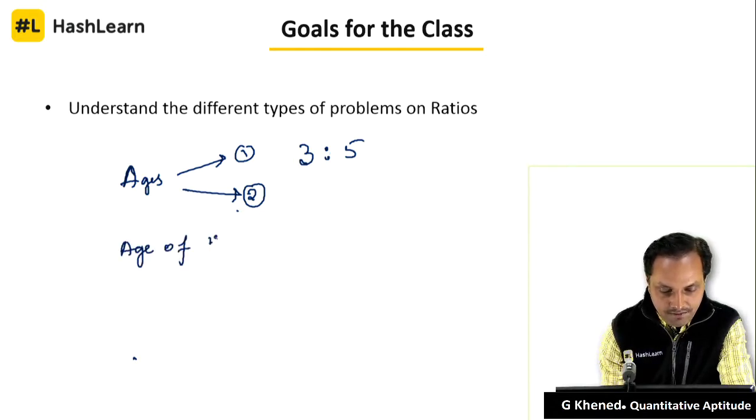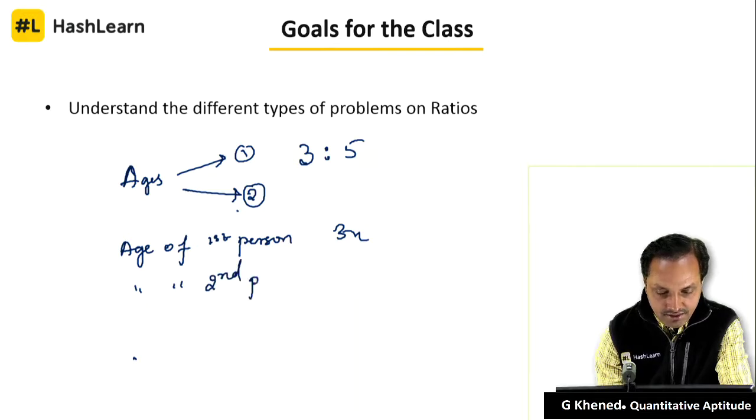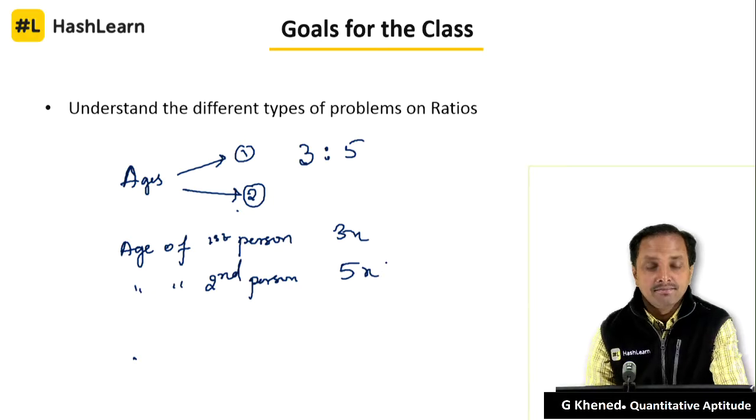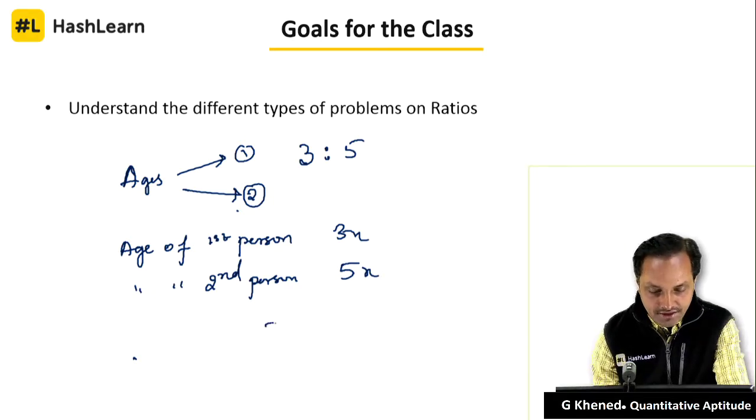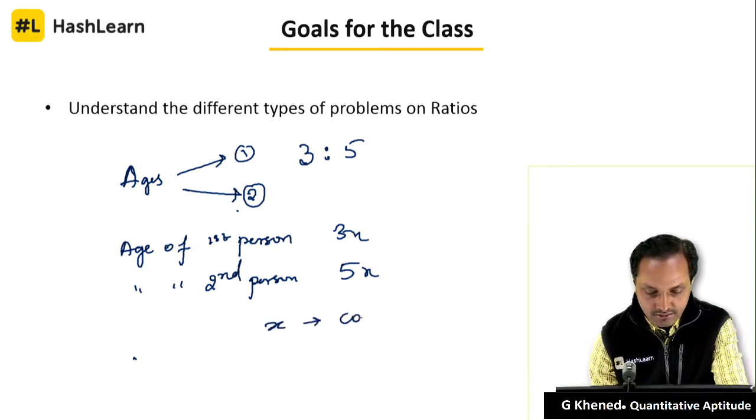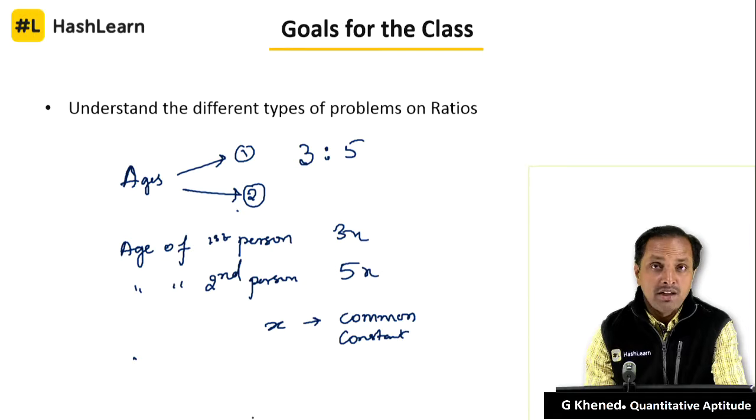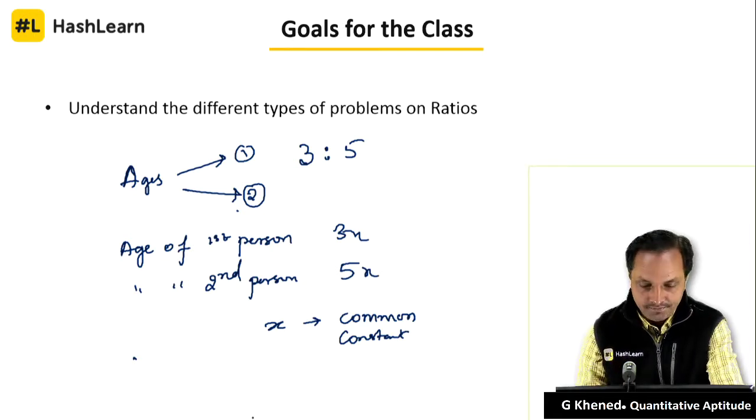The age of the first person will be 3x and the age of the second person will be 5x. So what is x? x is a common constant which is multiplied to both.